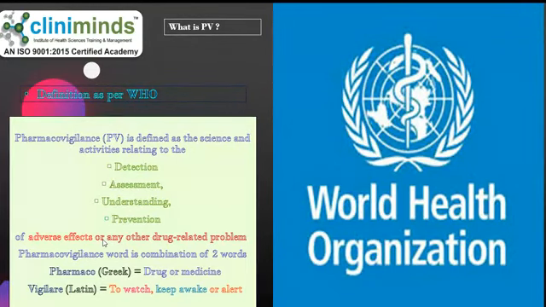Then congenital anomaly or birth defect. A congenital anomaly or birth defect is a problem which comes since birth, and there is no control. It is not like disability, where there was something good before and it is now turning into a problem.